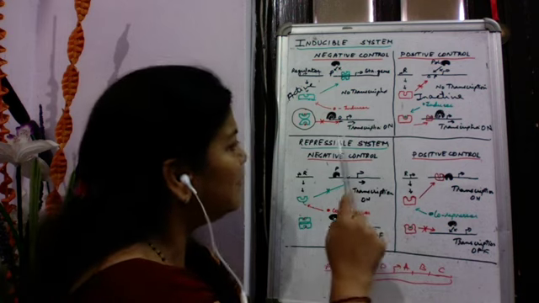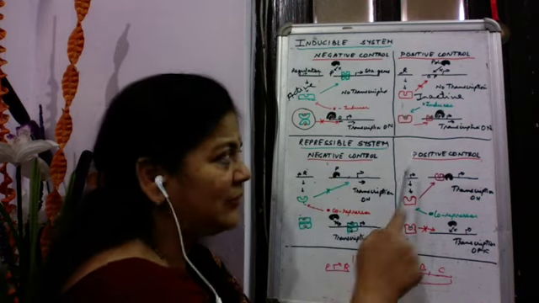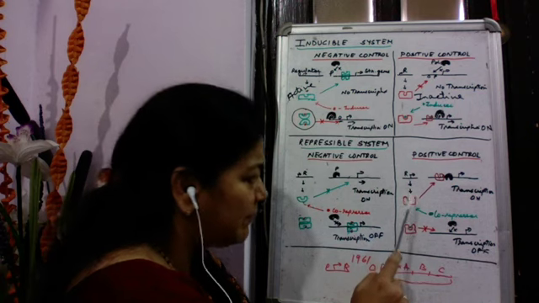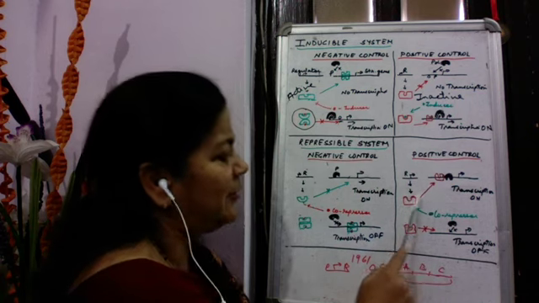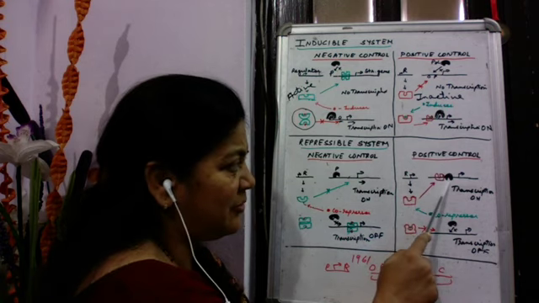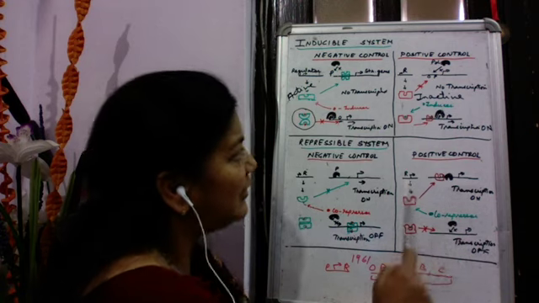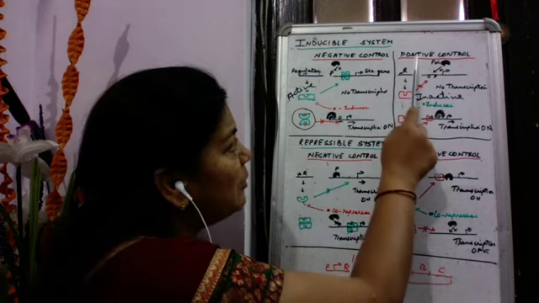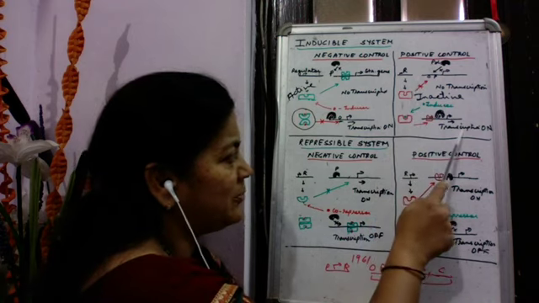In a positive repressible system, what happens? When we are talking about positive, the regulatory protein is required for the transcription. So here you see this is a regulatory protein which is needed for the transcription to take place along with the polymerase, and transcription is on. Here also you saw that in positive control, this protein is needed for the transcription to be on.